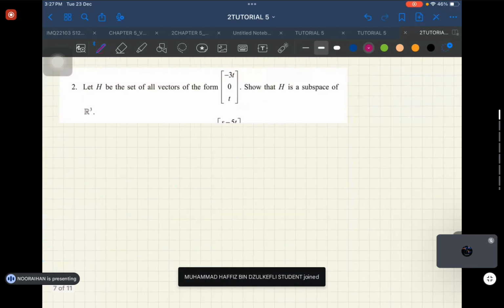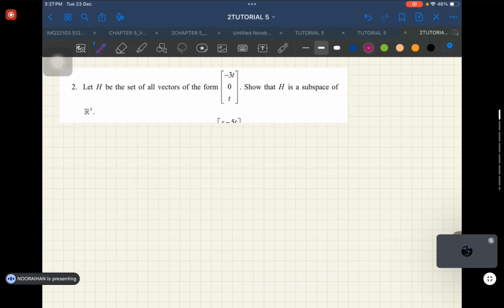Okay, look at this. Let H be the set of all vectors of the form (negative 3t, 0, t). Show that H is a subspace of R3. So first recognize the pattern. There is one parameter t.